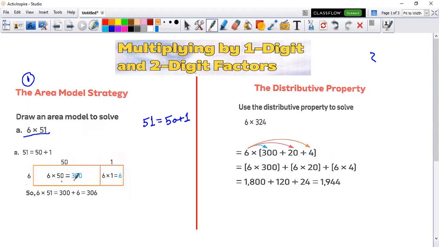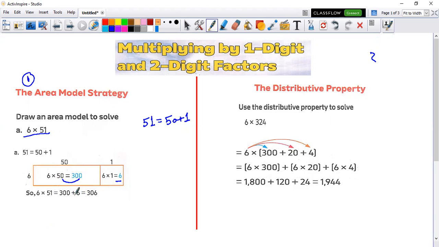6 times 50 equals, put this 0, and 6 times 5 equals 30. The result of 6 times 50 equals 300. The second part, 6 times 1 equals 6.